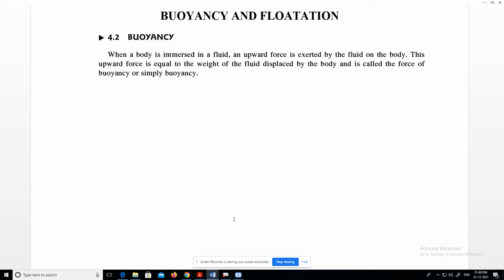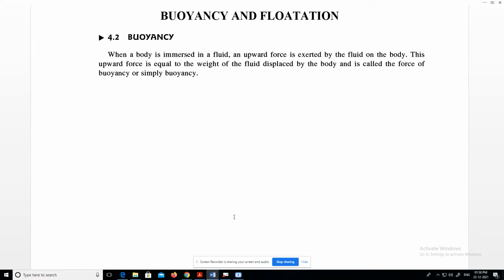First of all, we should know what is meant by buoyancy. Buoyancy is the force offered by a fluid on a body; that is called buoyancy. The amount of buoyancy depends upon the weight of the body or the volume of the body, right?